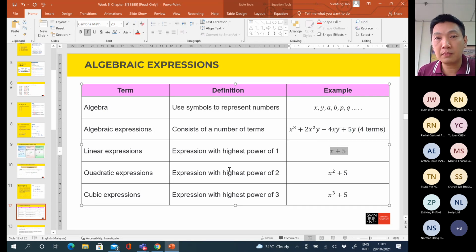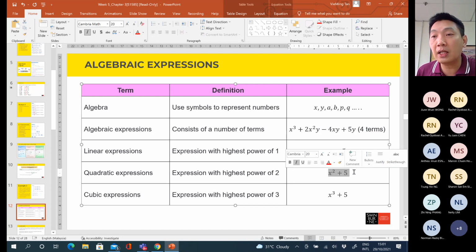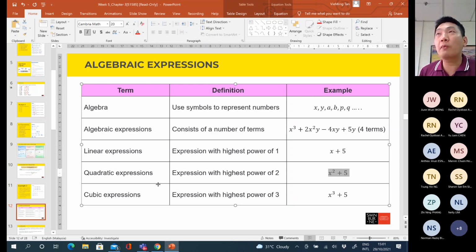What happens if the power value is 2? That means the index number is 2. If the highest power is 2, then we can say this is a quadratic expression. For a quadratic expression, you'll usually form a curved line.